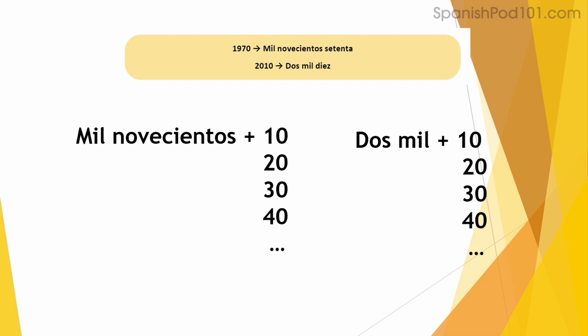Just say the number at the end. 2010, 2020, 2030, 2040. Okay? Repeat, please.